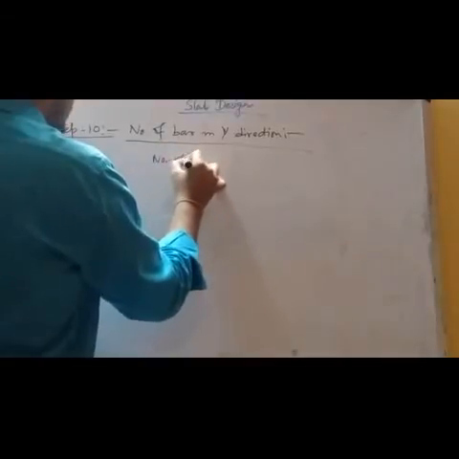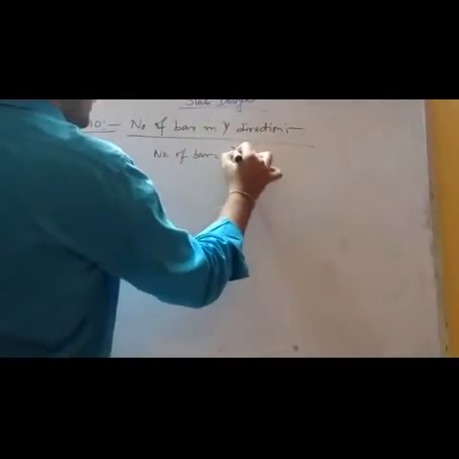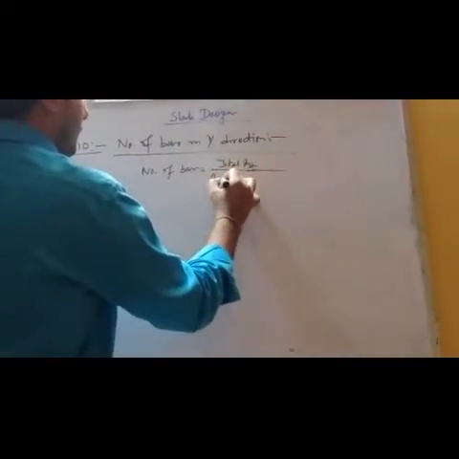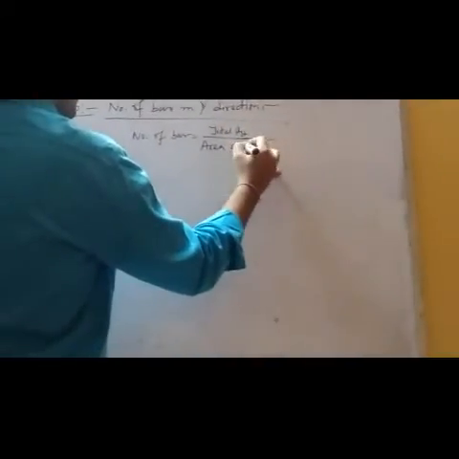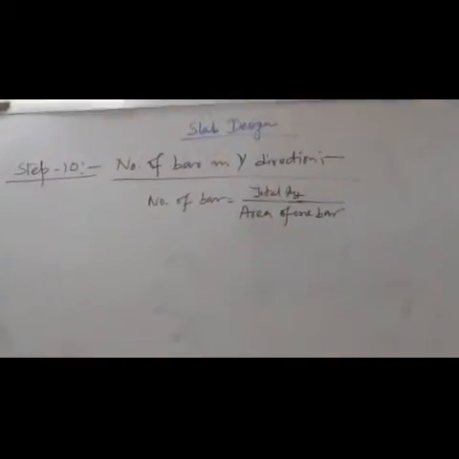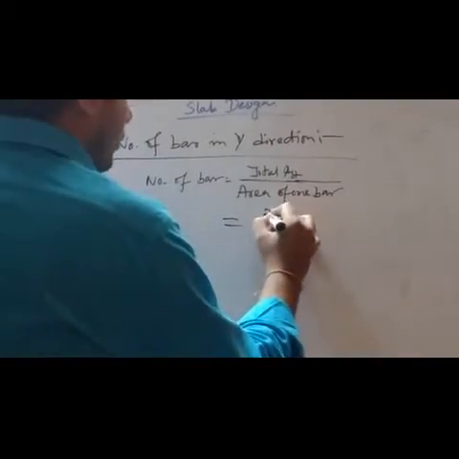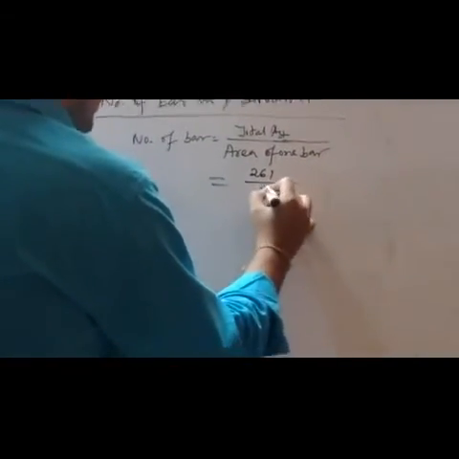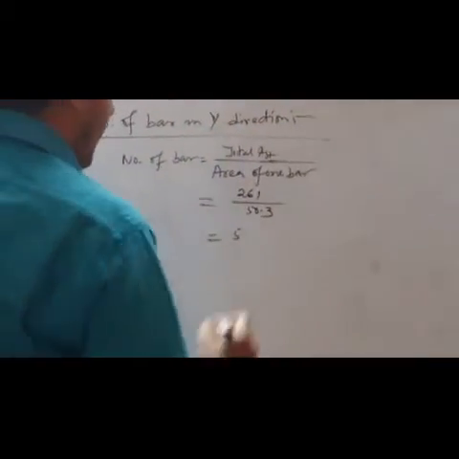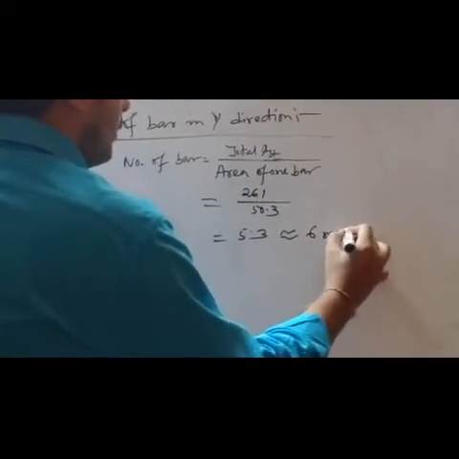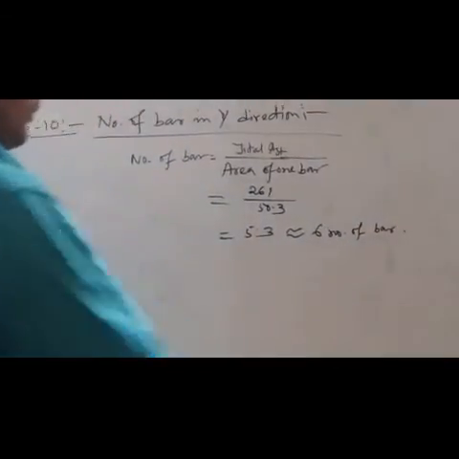You know the equation, that is number of bar means total Ast by area of one bar. Now if we provide same dia bar, that means 8 millimeter dia bar, then total Ast 261 by 50.3, that means 5.3 almost equals 6 number of bar required.